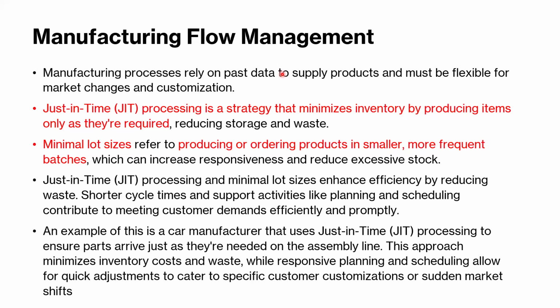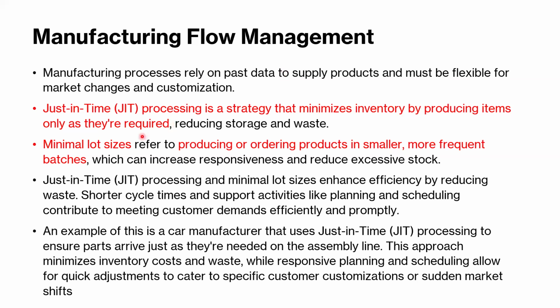So manufacturing should be done by the facts, right? For example, based on the request from the inventory, based on the existing data, the manufacturing process will only work or use the past data to produce, to supply products. Otherwise, what if you are overproducing products, it will be wasted, right?